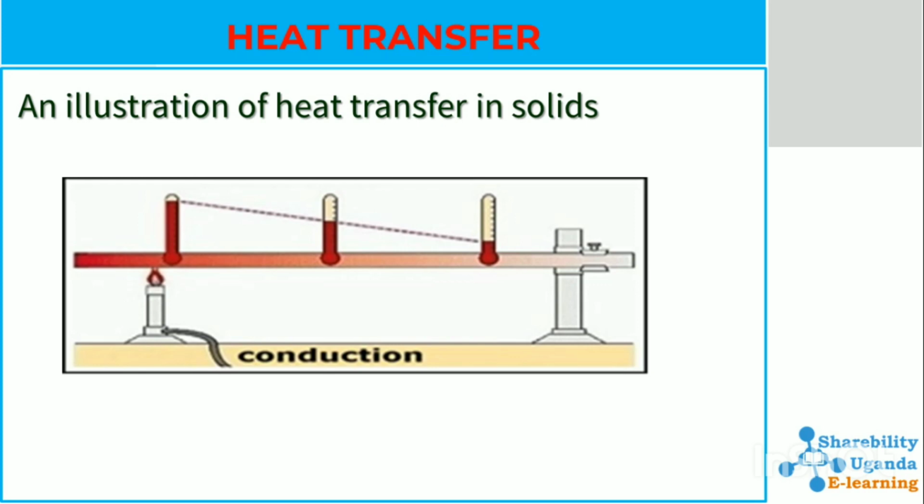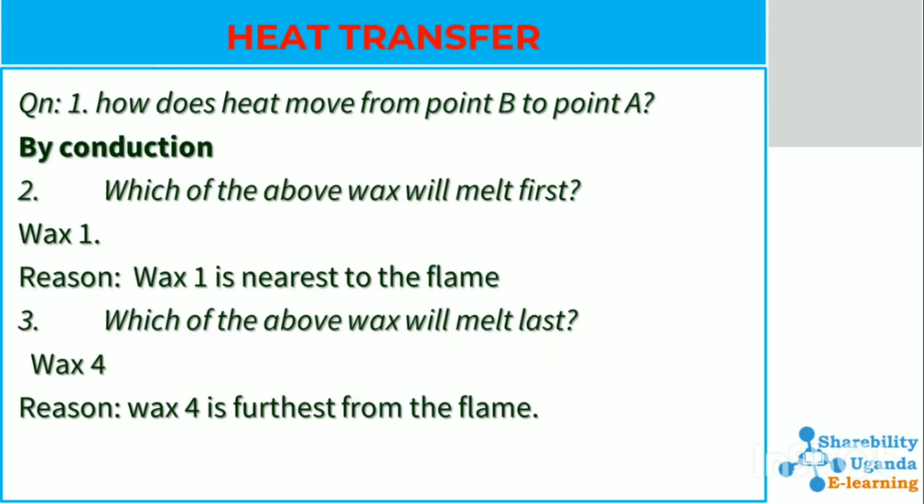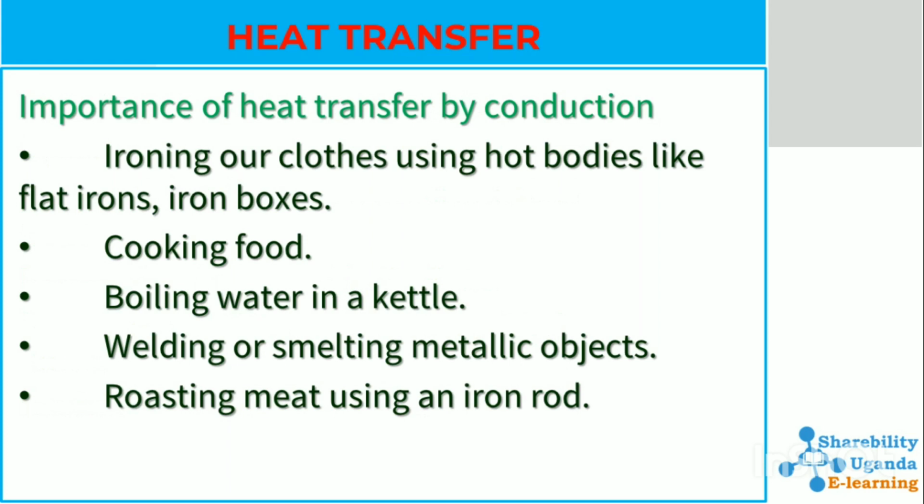That means it illustrates the transfer of heat in solids. The description of the diagram is here, so you can pause the video and read through to understand the transfer of heat by conduction in solids.